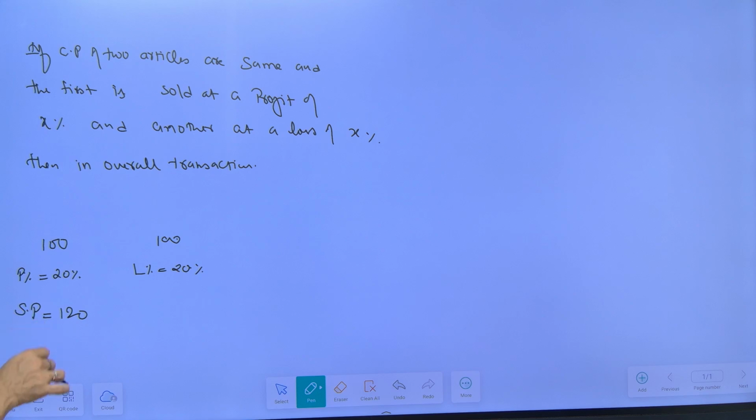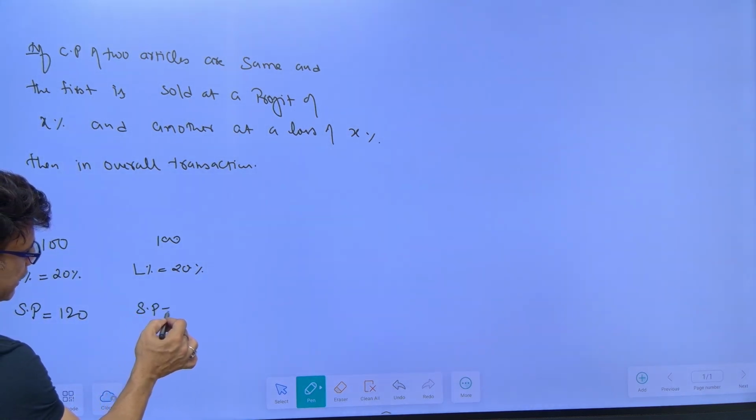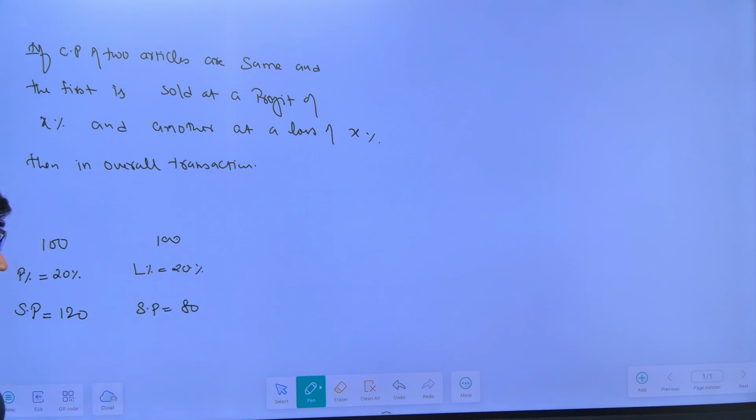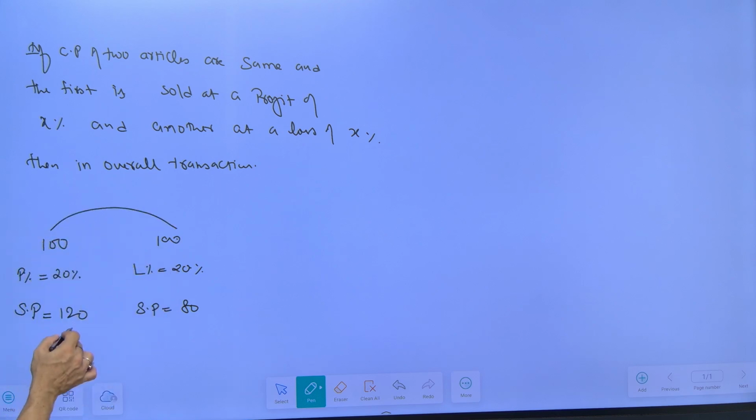100%, 100 rupees and 20% profit. And here, selling price of second article is 80 rupees. On 100, you made a loss of 20%. How much you invested from your pocket? How much you received? So is there any profit loss or no profit no loss? No profit no loss.